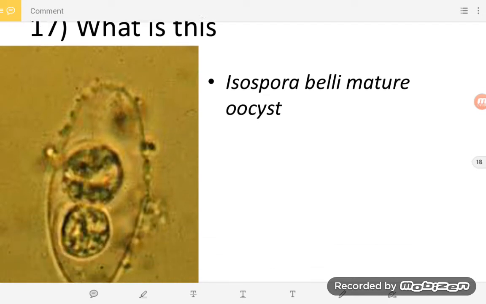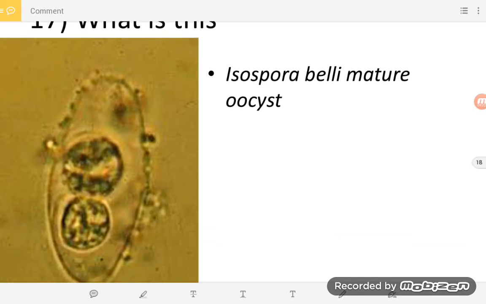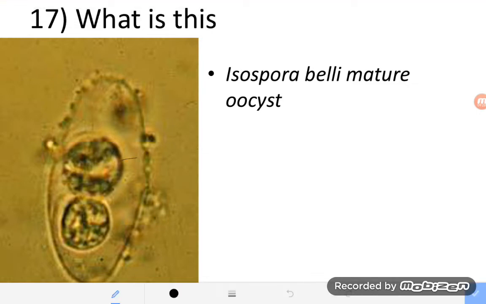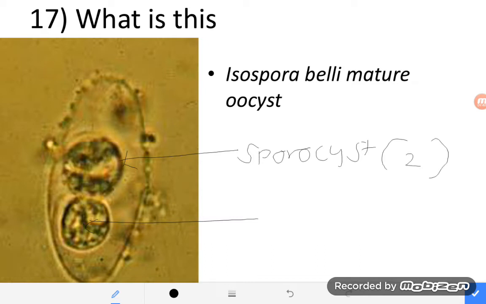What is this? This is actually Cystoisospora belli mature oocyst. Here we call it the oocyst altogether. This is the sporocyst. Inside the oocyst you can see two sporocysts.